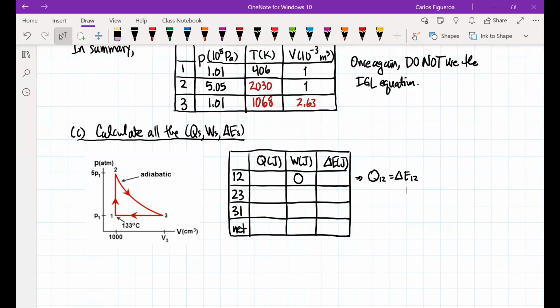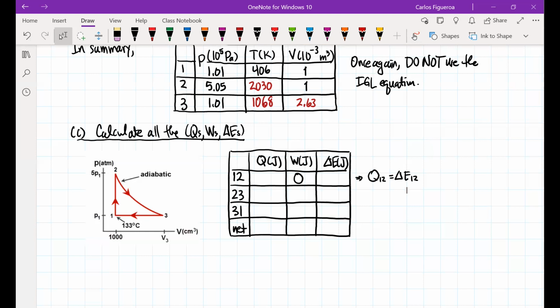But remember, we don't want the temperature change. So I'm going to get 3/2 nR times the change in temperature between 2 and 3. If I use the ideal gas law trick that I talked about, I can convert that to pressures and volumes. So this will be 3/2 of pressure 3 times volume 3 minus pressure 2 times volume 2.